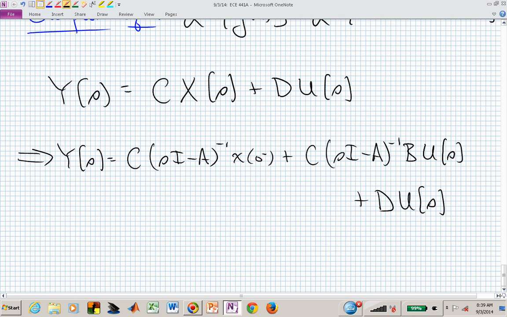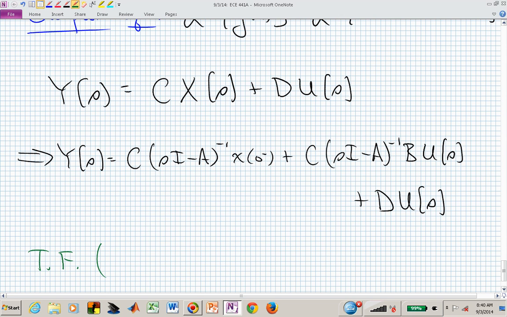And that would give us the total output in terms of initial conditions and forcing function u, if you needed it. We really didn't need all of this. I just sort of did it for fun. I included the initial condition in this derivation, but the transfer function allows us to do what with that equation?